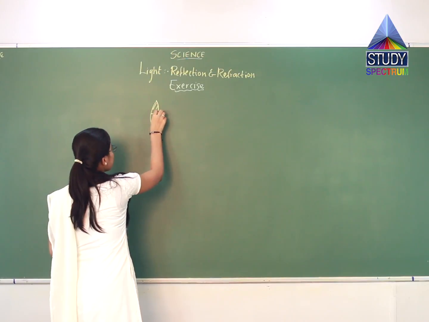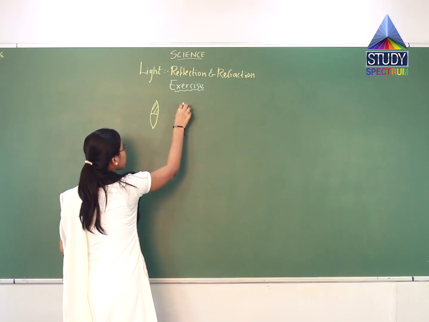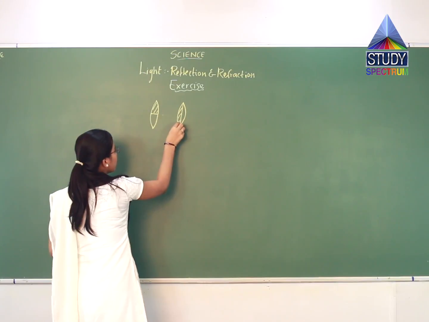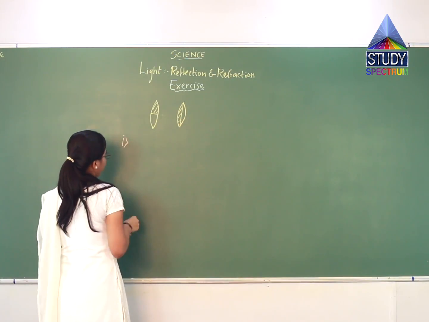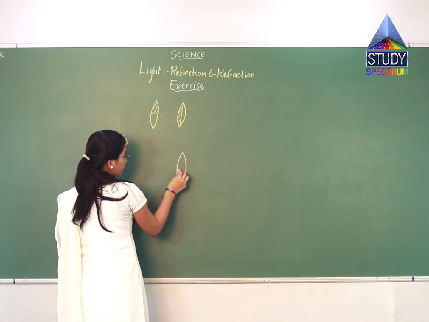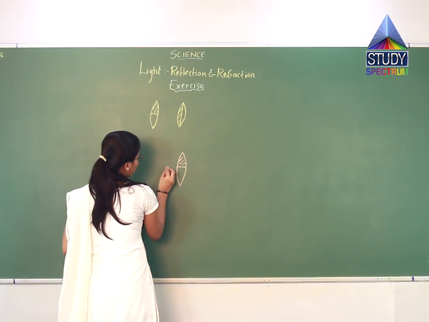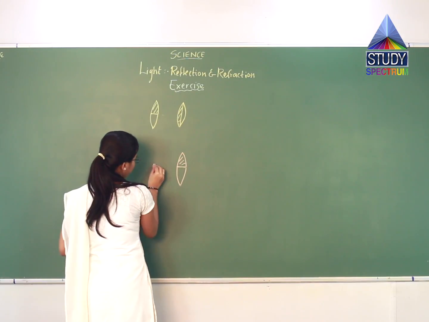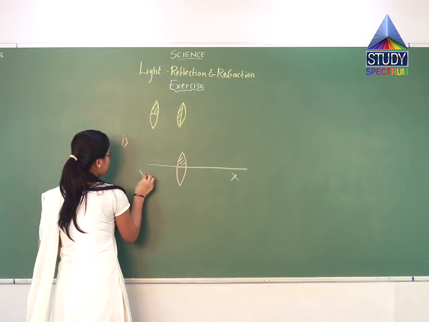So we can cover like this, and also we can cover like this. So let us consider the first case. In the first case, I have this convex lens here and we are covering it like this. Now suppose this is the principal axis.